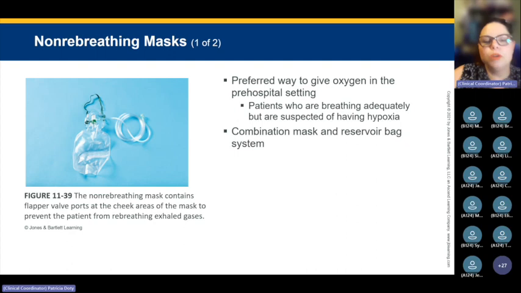What you'll do is depress a little spot right there in the middle of the mask, and you will fill the reservoir bag with oxygen through a one-way valve. Then you put that over your patient. The exhaled gas escapes through the flapper valve port at the cheek areas of the mask, and it prevents that patient from rebreathing any exhaled gas.